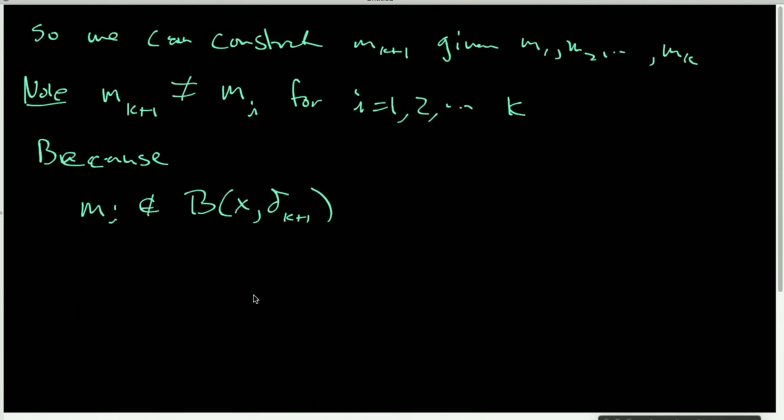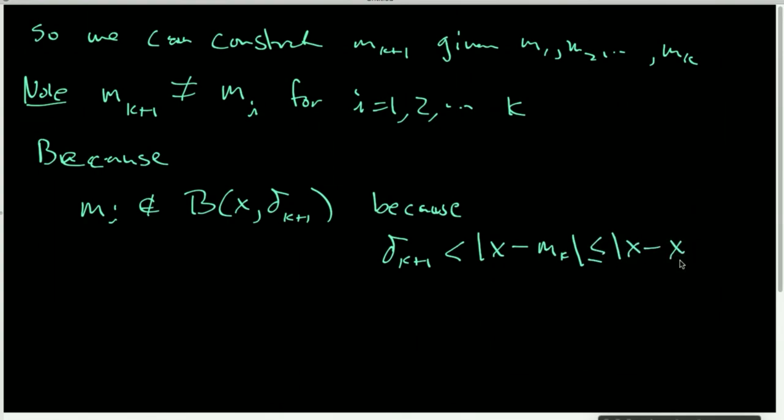Delta_{k+1} is smaller than the distance between x and M_k, and this distance is smaller than or equal to the distance between x and M_i for all of the i's going between 1 and k.